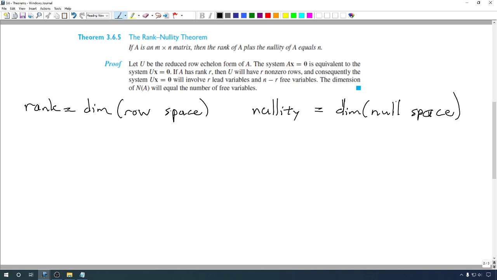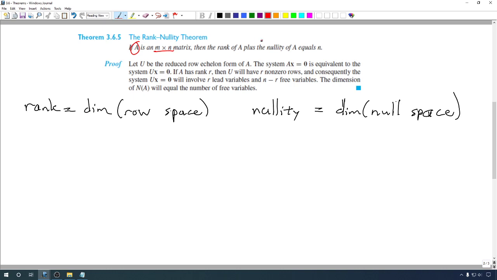But even though we come up with these two numbers that are related to A, it turns out that they are not unrelated to each other. The rank plus the nullity always has to equal the second number in the size of our matrix. So here we're talking about A being m by n.